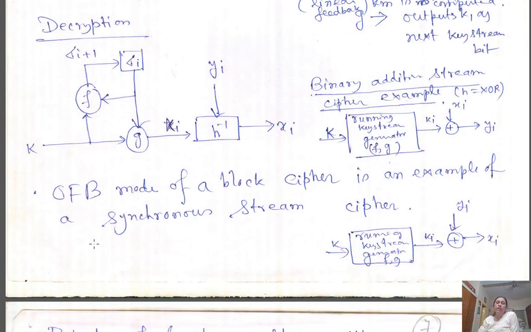If you consider the OFB mode, output feedback mode of a block cipher, this is an example of a synchronous stream cipher. We have already discussed these things.